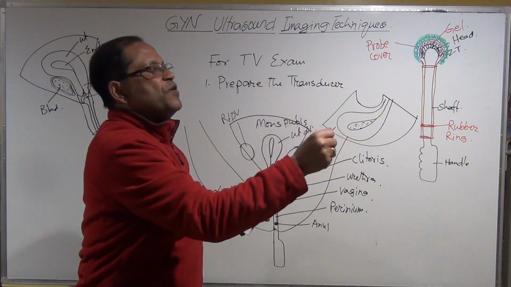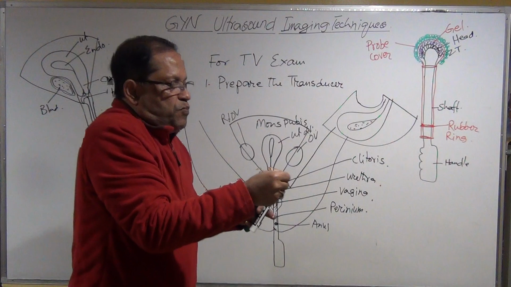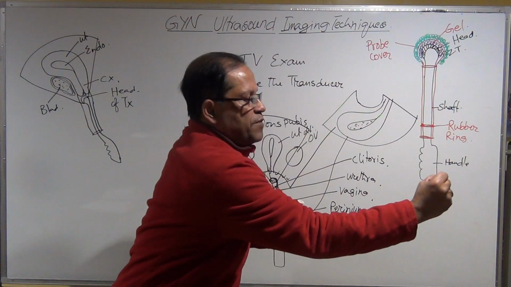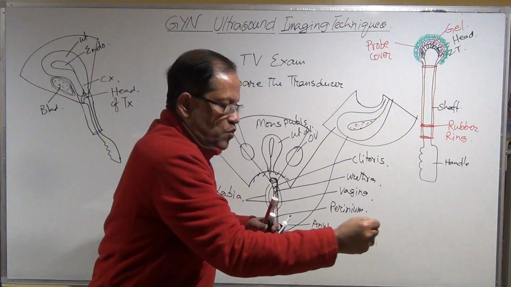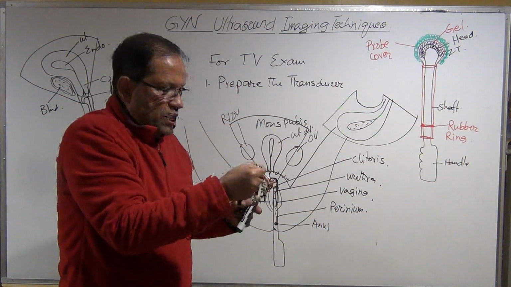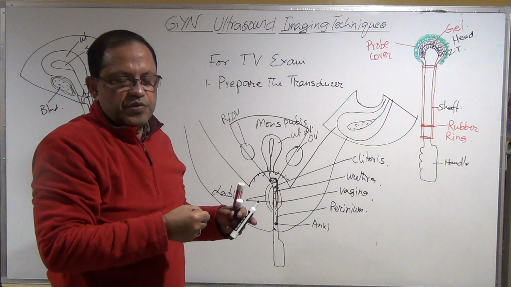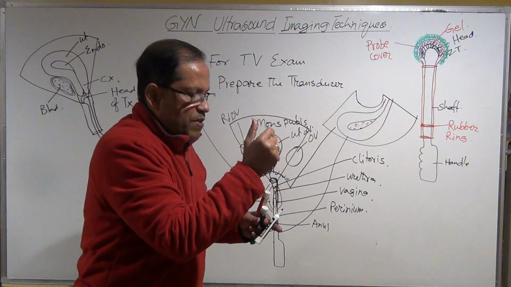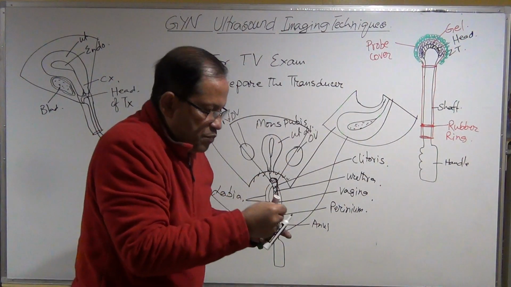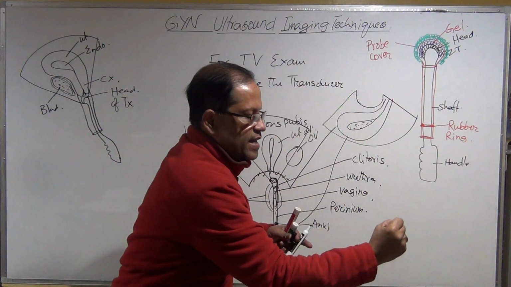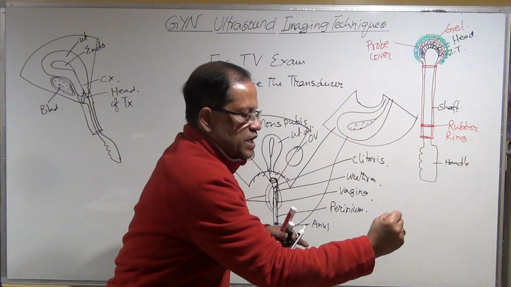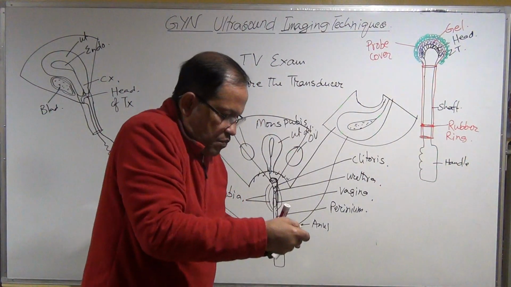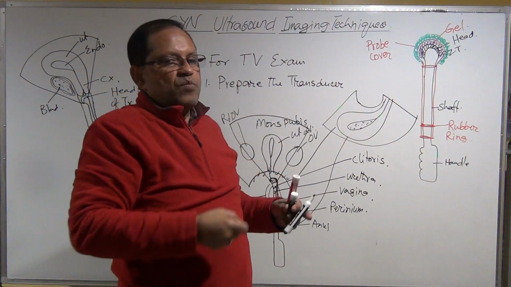If you want to see the fundus, you have to push the handle towards the anus. And if you want to see the cervix, you have to move the handle towards the mons pubis. Again, to see the fundus and the body, push the handle towards the anus. To see the body and cervix, move the handle up toward the mons pubis.